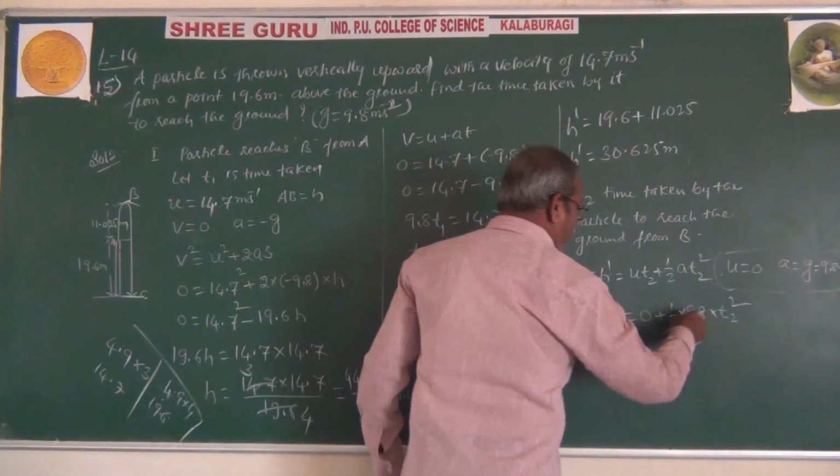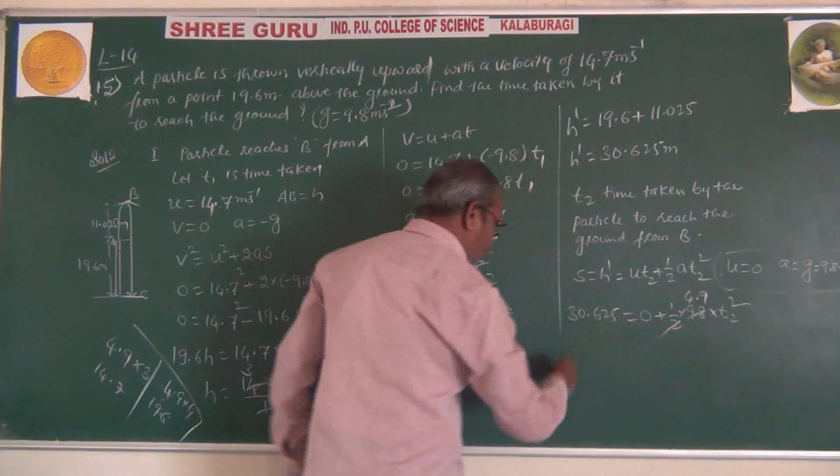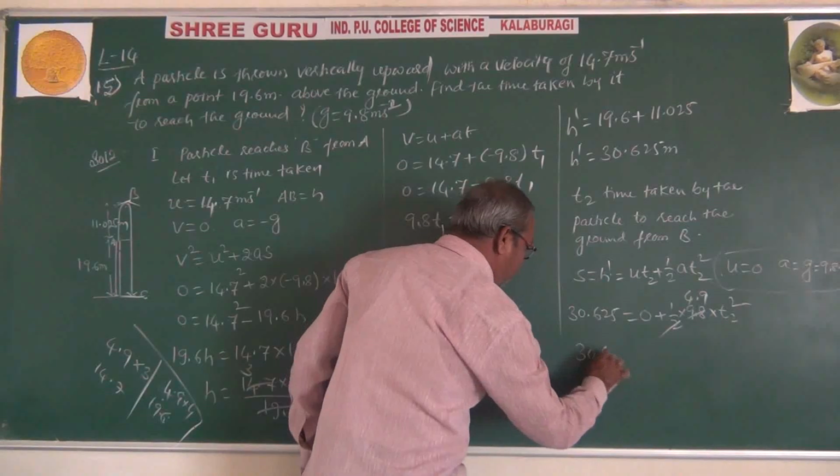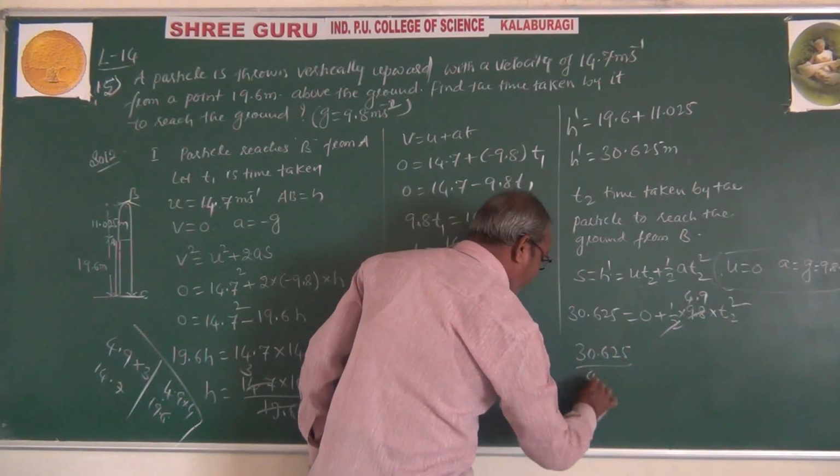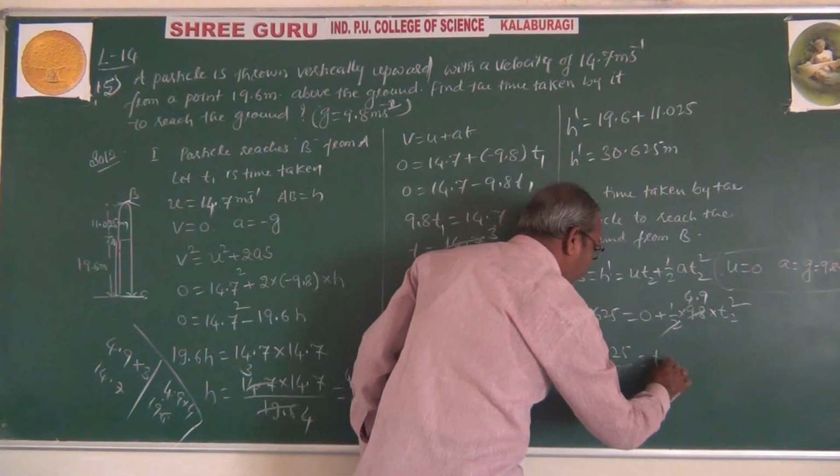Cancel this: the 4.9 cancels. So 30.625 divided by 4.9 equals t2 square.